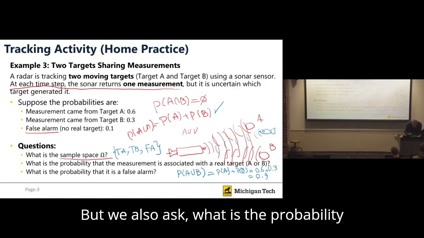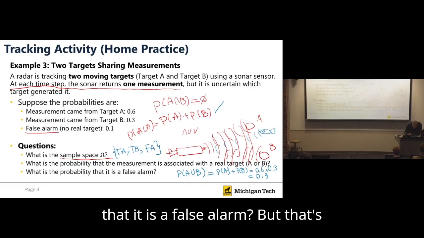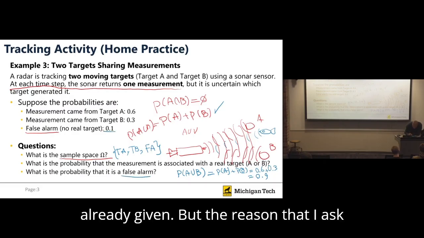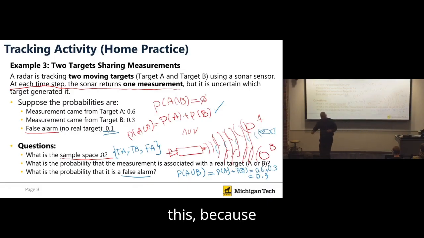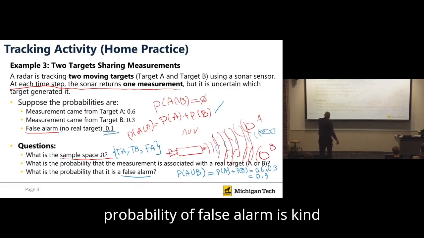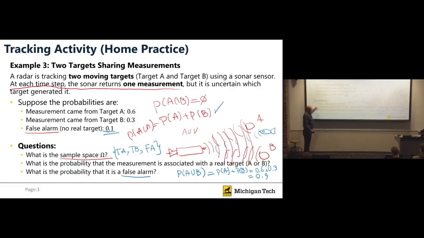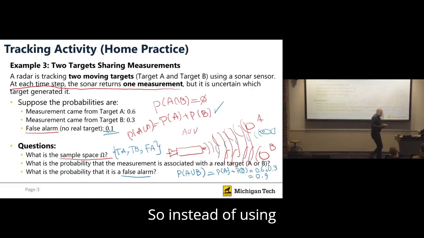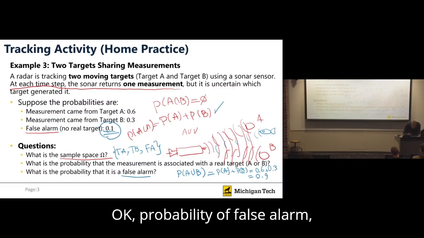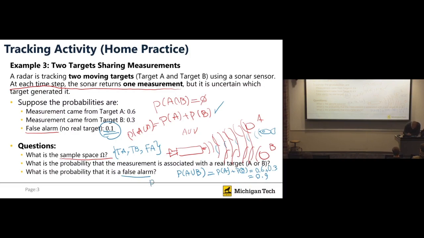But we also ask what is the probability that it is a false alarm, but that's already given. The reason that I ask this is because the probability of false alarm is kind of the complement of this one. So instead of using this, you can just say the probability of false alarm, if we call it P of FA, is equal to 1 minus 0.9.